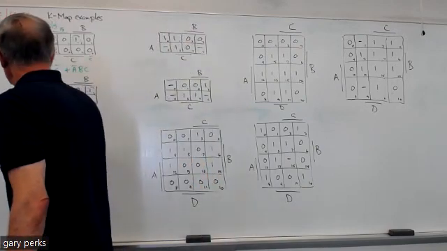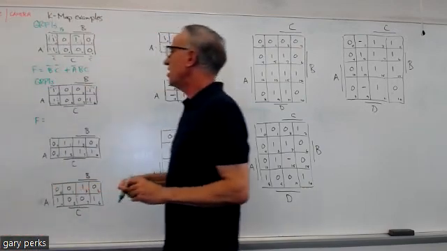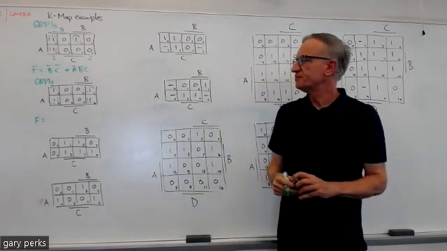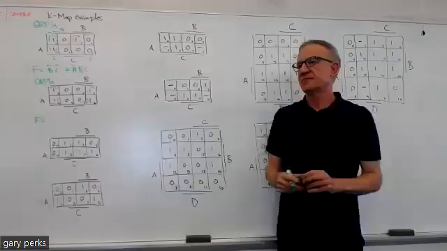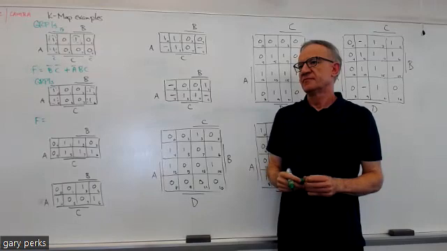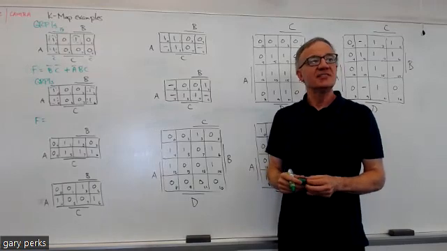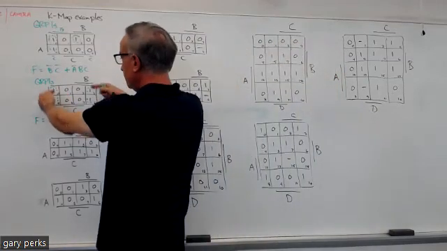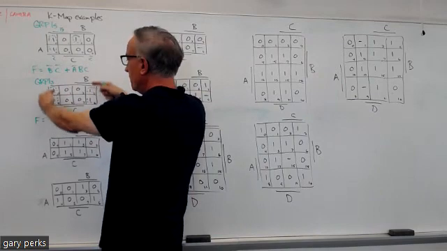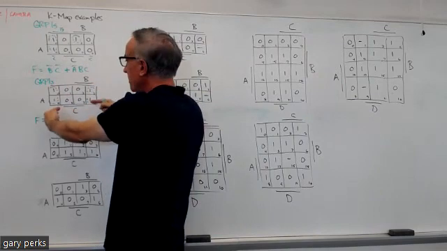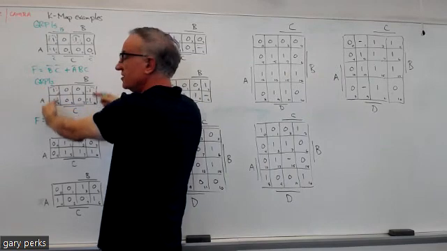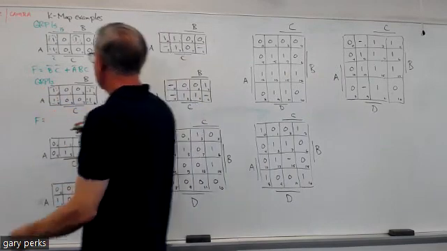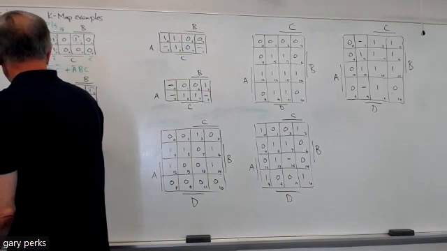Okay, and it's going to be F. And then what's common to that 4 grouping? It's not C, right? All of the 4 ones are in the not C column. A changes and B changes. So those drop out. So this is just equal to not C.